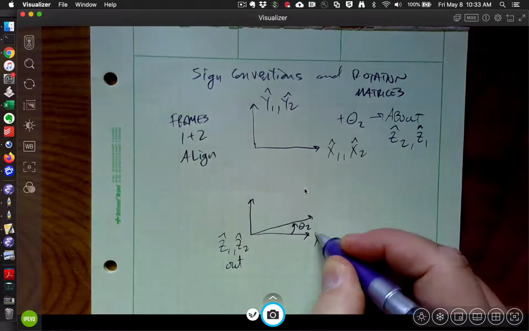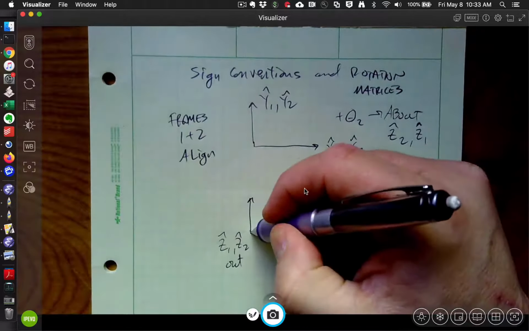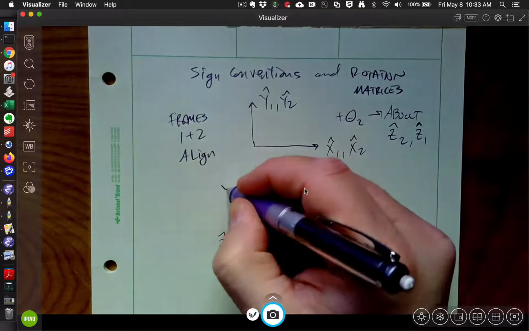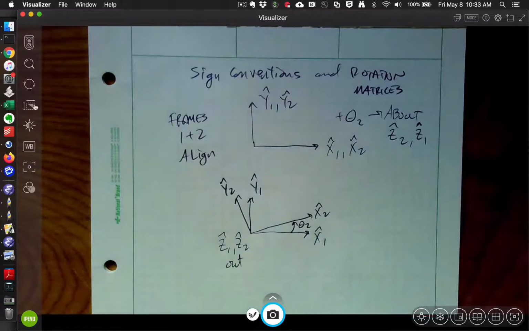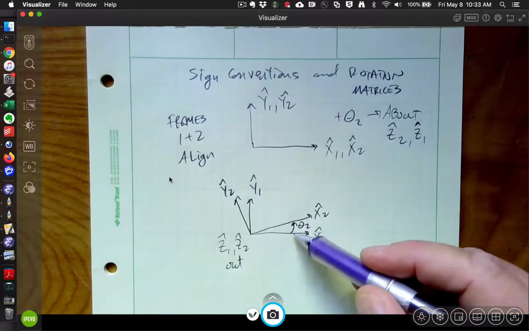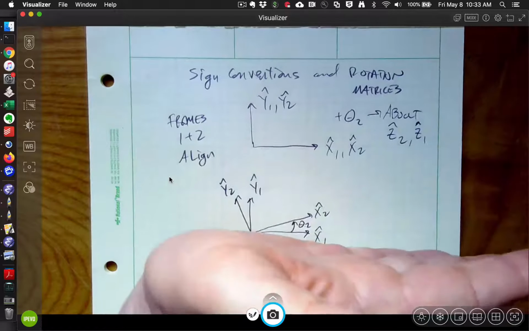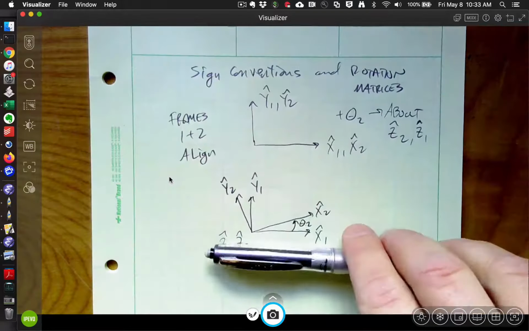And like I said, we're rotating from x1 to x2, which might seem the opposite of what the rotation matrix does. So a positive rotation, a positive theta 2, is in the right-hand sense from x1 to x2 positive.